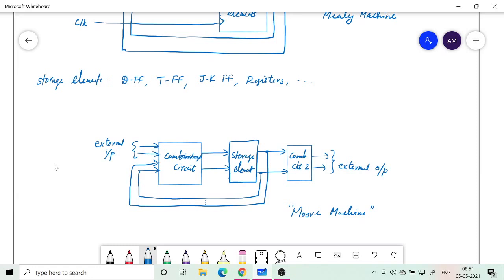And so what is the implication? The implication is that there is also a clock here.